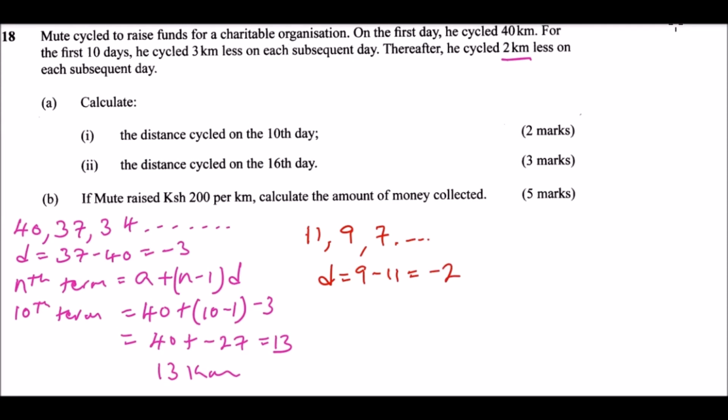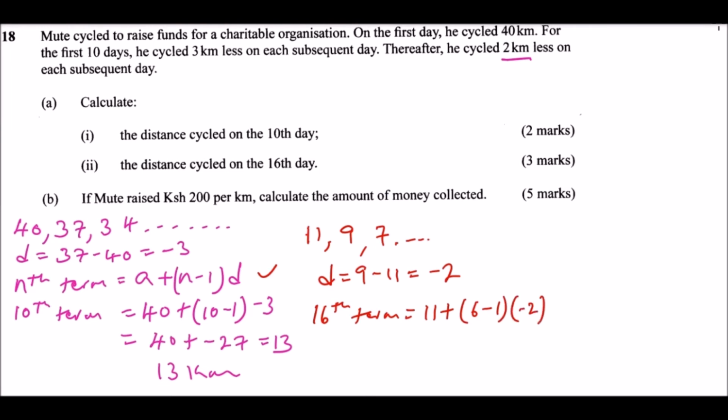Then, since we start the 11th day as the first day of the second session, it means that the 16th term is equal to, the first term is 11. We use this method: 11 plus n, where n is 6 minus 1, and you multiply by minus 2.